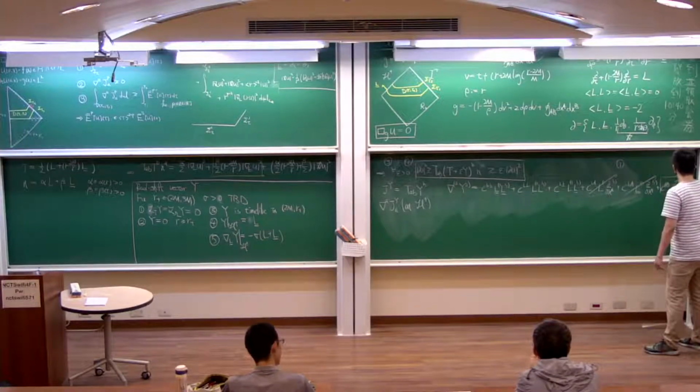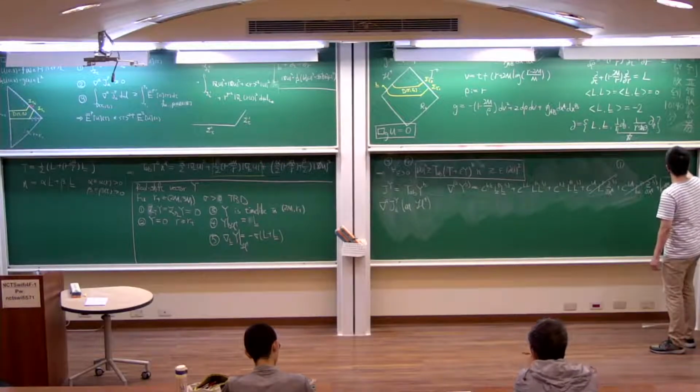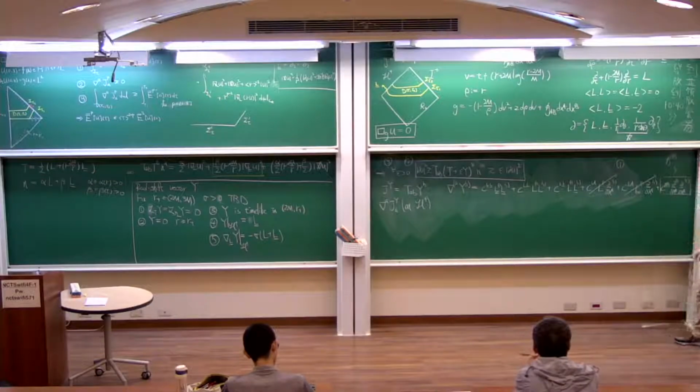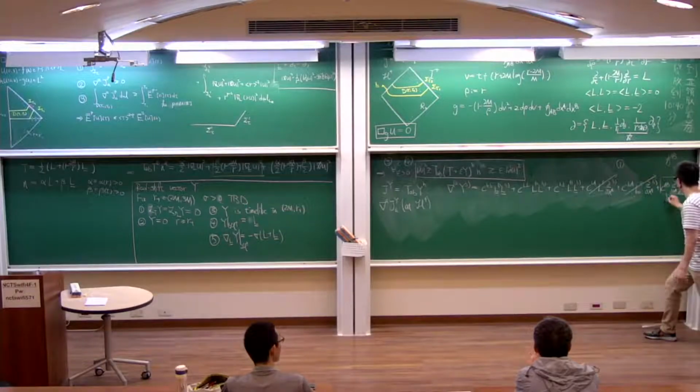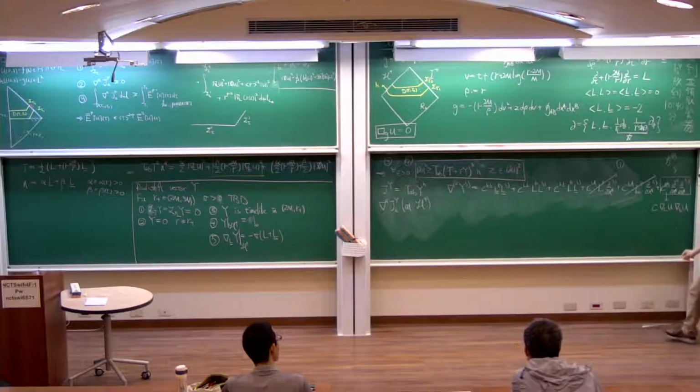Also, this part would be proportional to the round metric. Therefore, the contribution of this part is a certain constant times gradient L u times gradient L bar u.